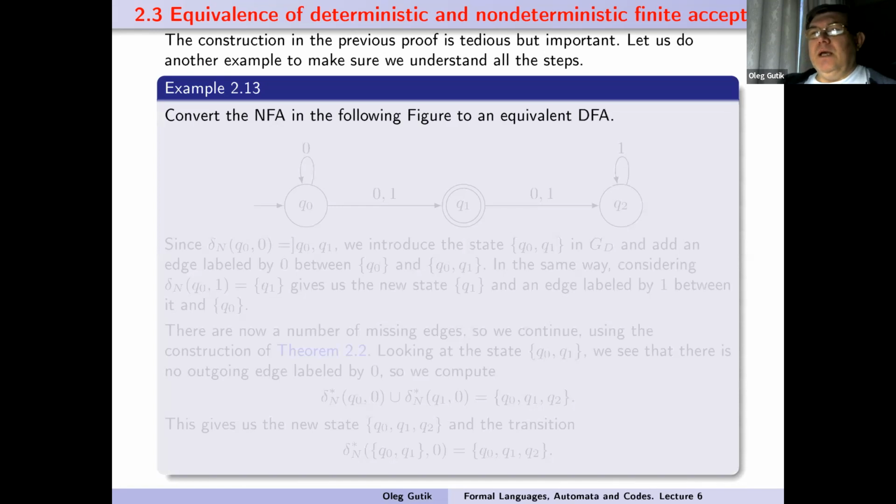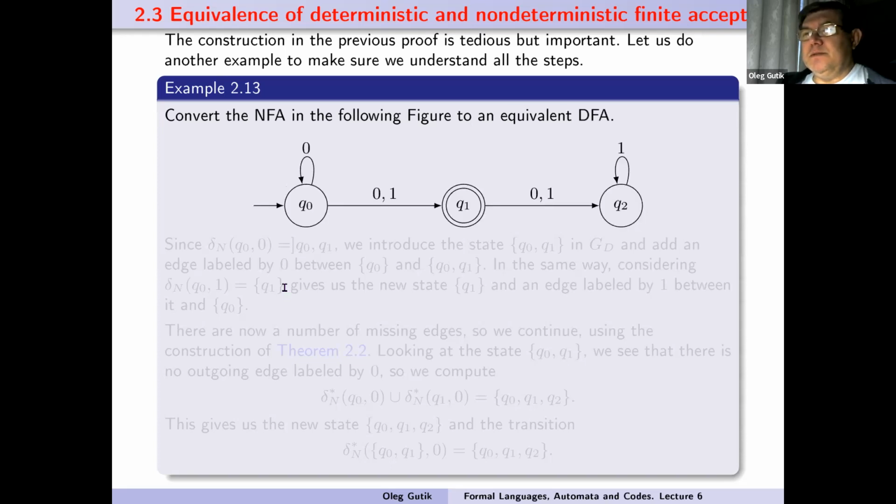Example: convert the nondeterministic finite acceptor in the following figure to an equivalent deterministic finite acceptor. We have a nondeterministic finite acceptor. The initial state is Q0, and we have final state Q1.